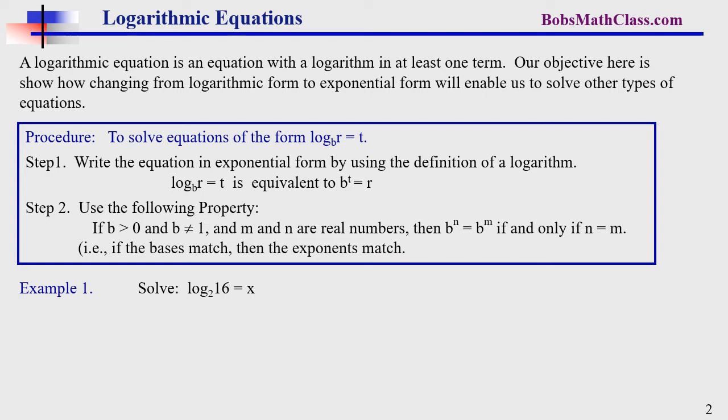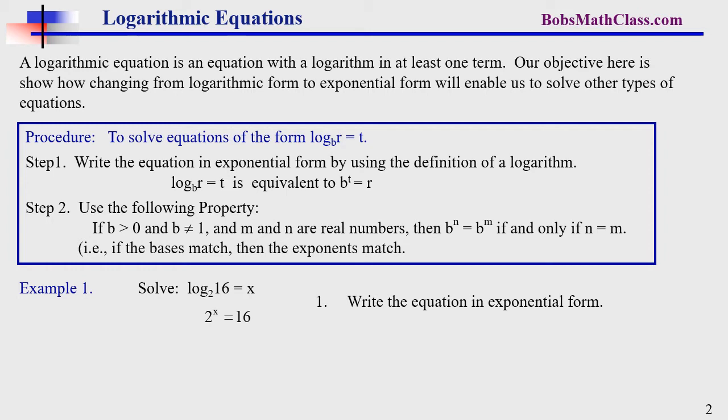That's the 2. And the exponent is the t, so that's our x. And then r, that comes after the log, that's 16. So that gives us 2 to the power x equals 16.